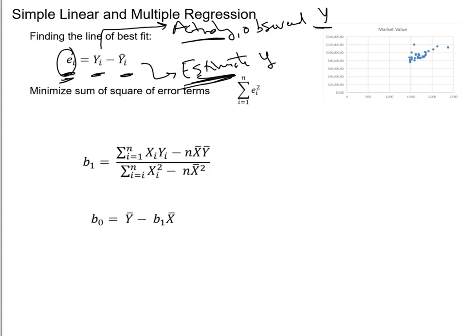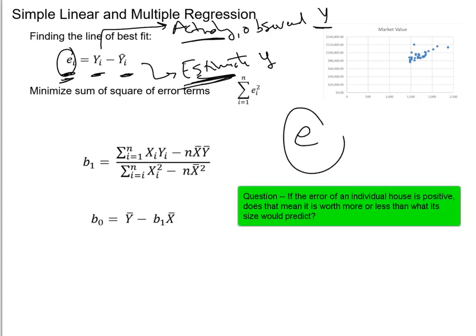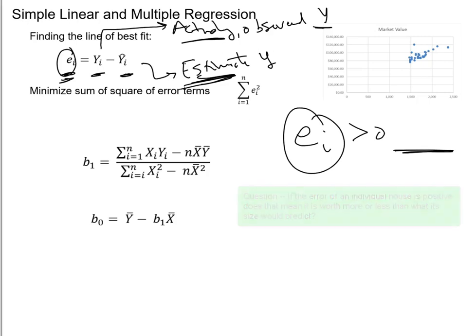Step back a second. If your error term is positive, does that mean that your house is worth more or less than what the model predicts? And then we can also say, what if you have an error that's negative? What does that mean about whether your house is above or below what the model of square feet predicts it should be, based on its size?